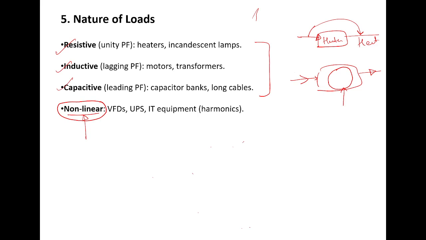So that will be your inductive load. You are supplying total energy as apparent power, but the power which is stored here will be your reactive power. The power which is converted into rotating or mechanical power will be your active power. So this is your inductive load.